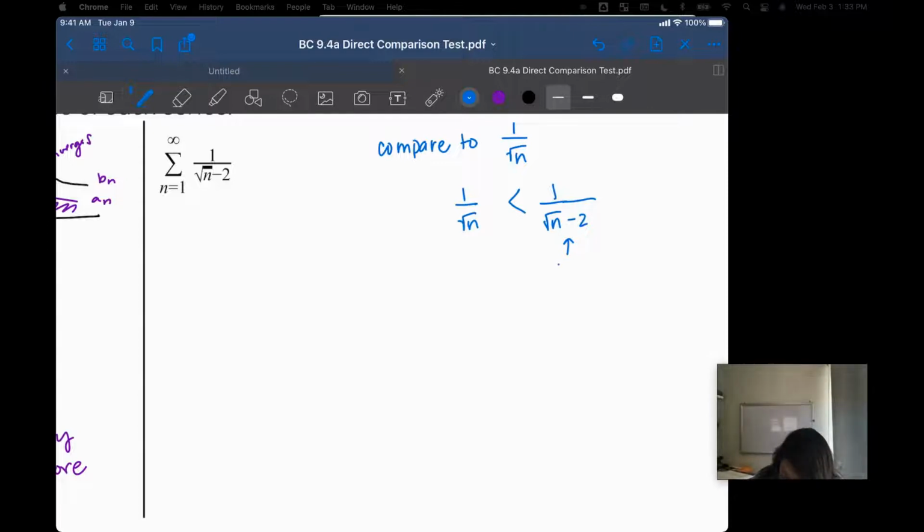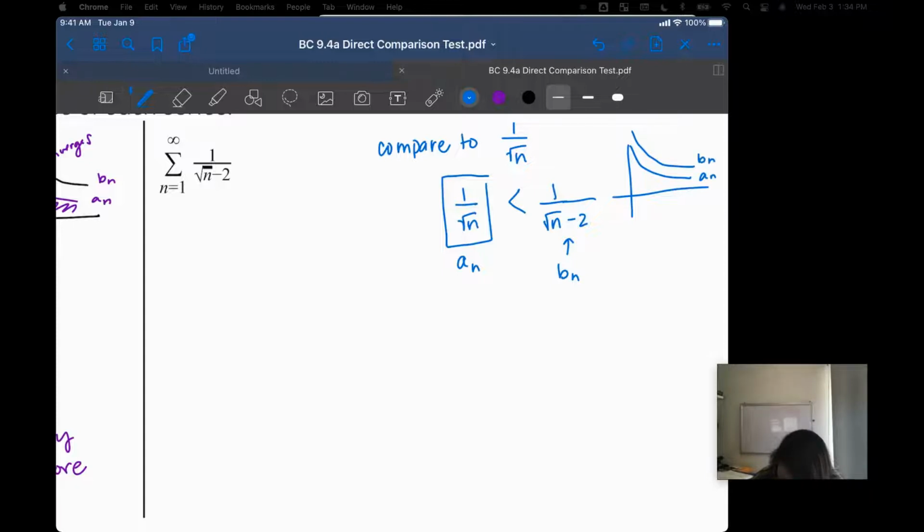So this one is b sub n and a sub n. Since I am testing for convergence and divergence of a sub n, this is what my graph looks like. It's the smaller function, okay?